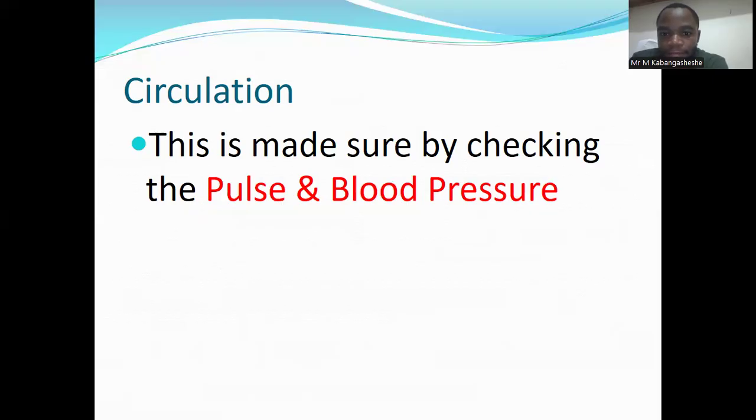Then blood pressure is the pressure exerted by blood against the blood vessels. This is essential because we need molecules, macro and micro, found in blood to reach tissues. And this pressure, what we call blood pressure, enables that movement.